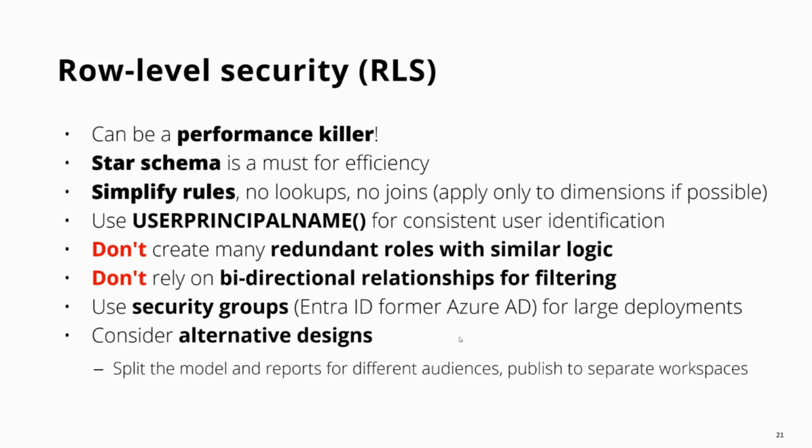But sometimes just using separate reports with workspace-level access control is more scalable than having one report for all users and then applying this row-level security across the board, and it will inevitably be slow, right? So sometimes it's better just to publish for that direct level of access for that user group.